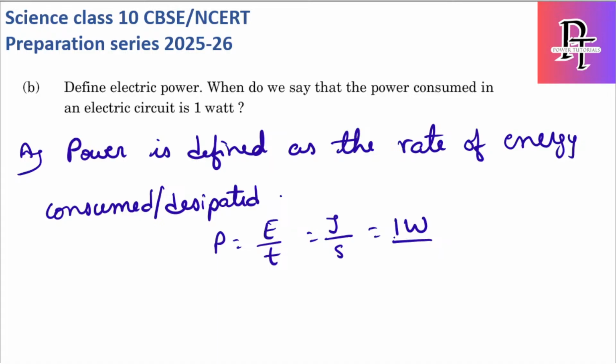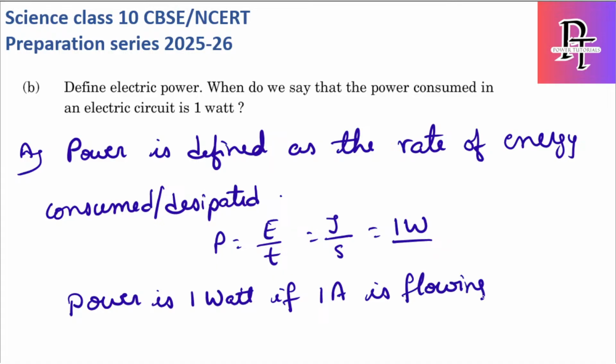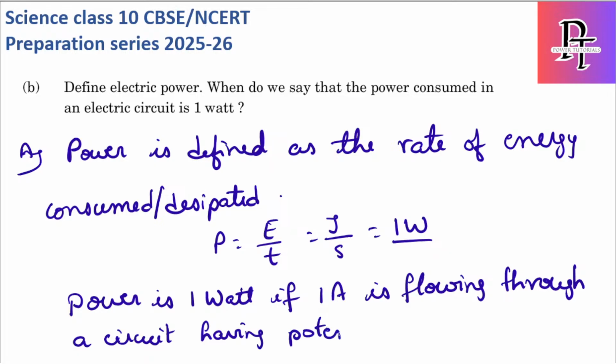Okay, so when do we say that the power consumed in an electric circuit is 1 watt? For this second point, power is 1 watt if 1 ampere is flowing through a circuit having a potential difference of 1 volt.